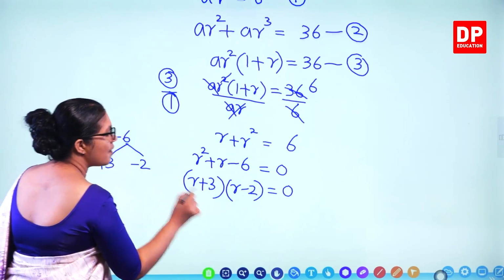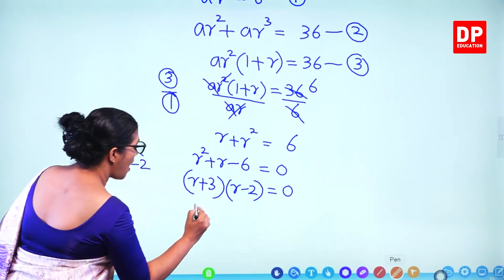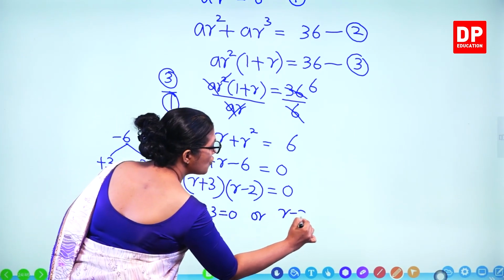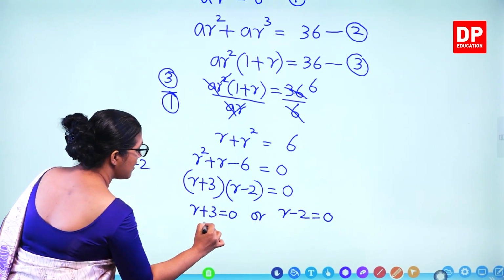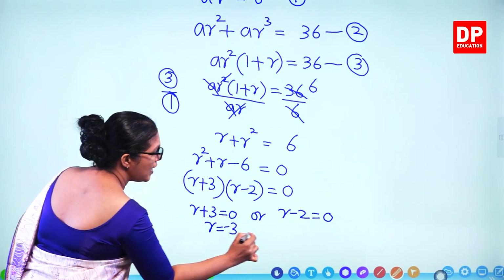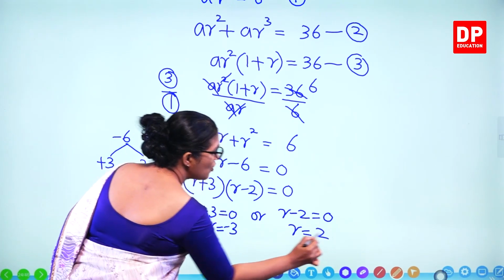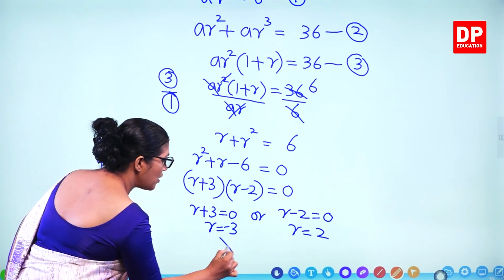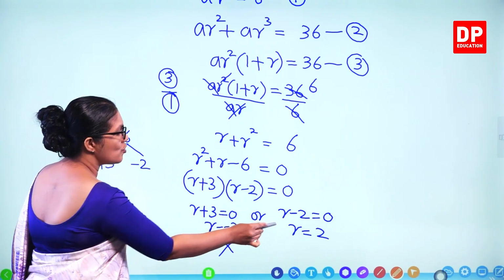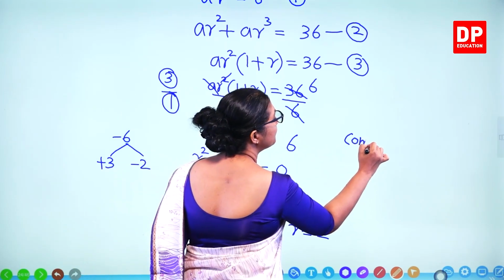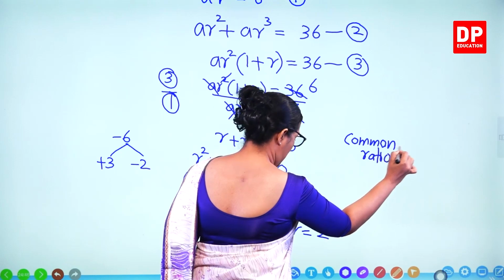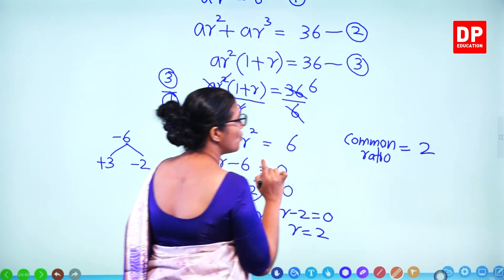So what are the r values you can take? r plus 3 should be 0 or r minus 2 should be 0. Then r becomes negative 3 here, and here r is 2. But it says positive r value, so you have to ignore this r value. So what's the common ratio? The common ratio is equal to 2.